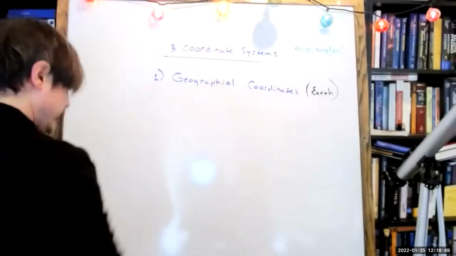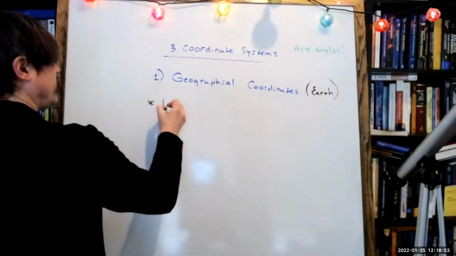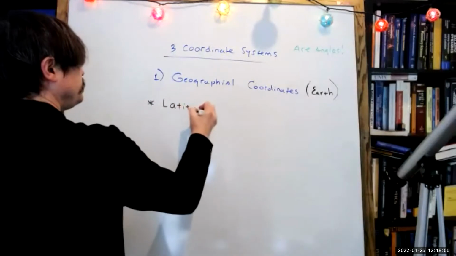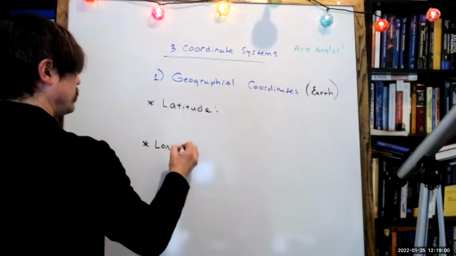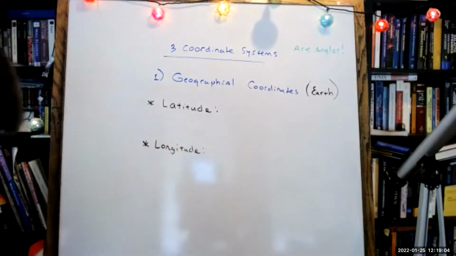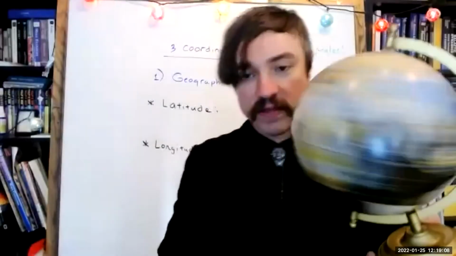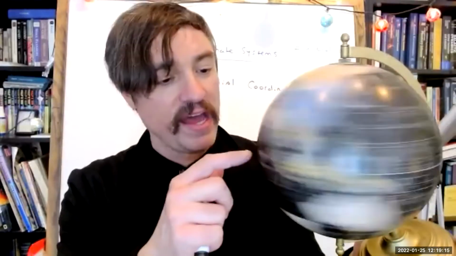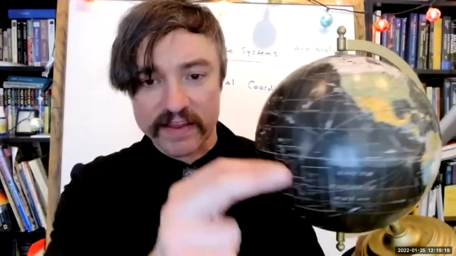So, geographical coordinates, you've heard of it before. The two angles are called latitude and longitude. Earth is a spinning sphere, and the spin gives it some symmetry points. The axis along which it spins is unique, and that makes the equator a unique great circle that slices through Earth.